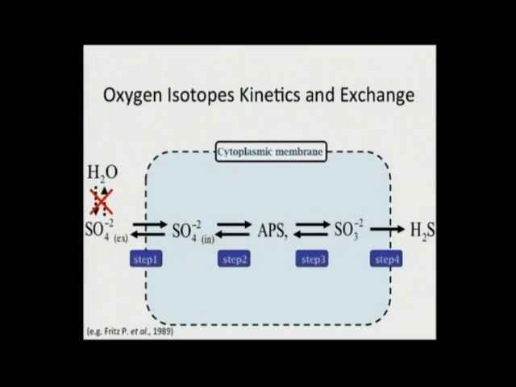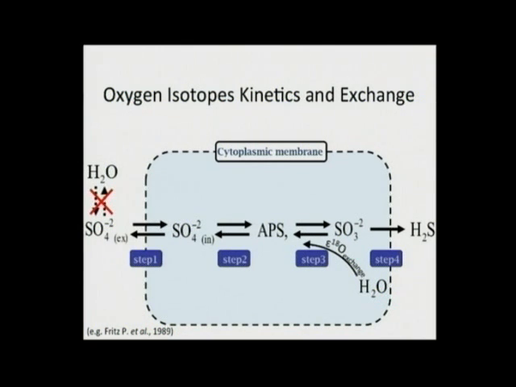But when it comes to oxygen, as we saw before, the picture is much, much more complex. The isotopic equilibrium that we are getting is at the signal of the water, the isotopic composition of the water. But sulfate itself cannot exchange its isotopes with water.